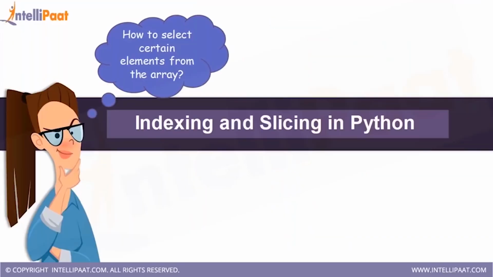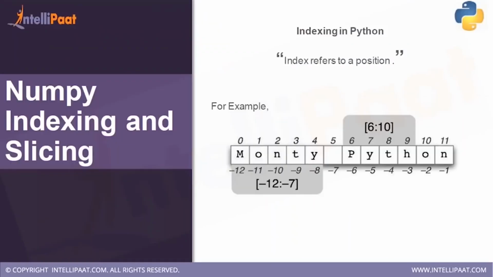Now, indexing and slicing in Python. As you have already gone through this, I will go through it a bit quickly. Let's see how you do it. An index in a Python list refers to an integer position. It can start from negative or positive.